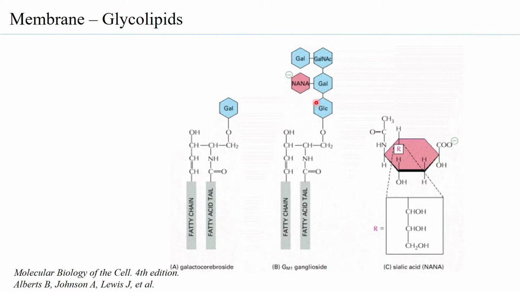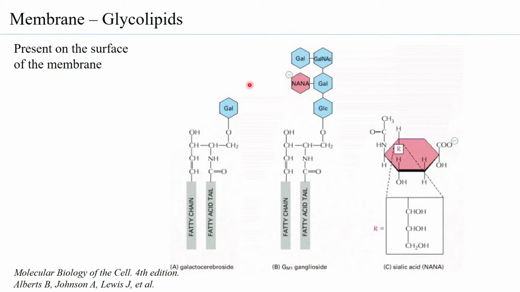What is important to note over here is that many of these glycolipids have a special sugar moiety called N-acetyl-neuraminic acid, and this N-acetyl-neuraminic acid is also called a sialic acid.